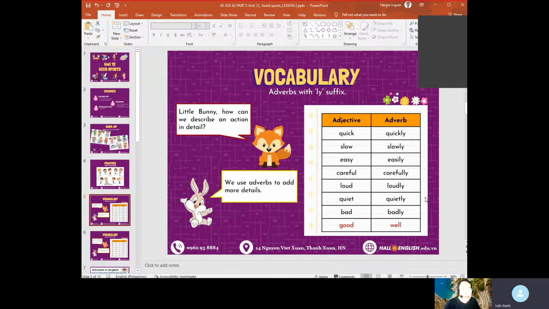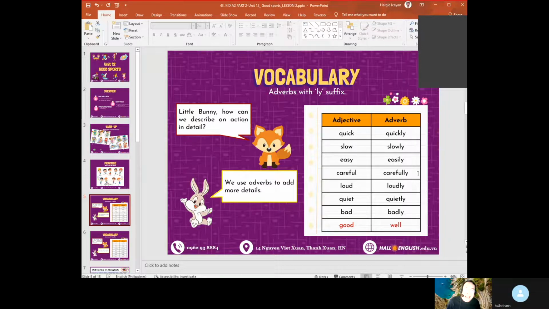Yeah, okay. Wow. What do you think would be the difference between the two when we say quick and then quickly? So the difference would be the ly.